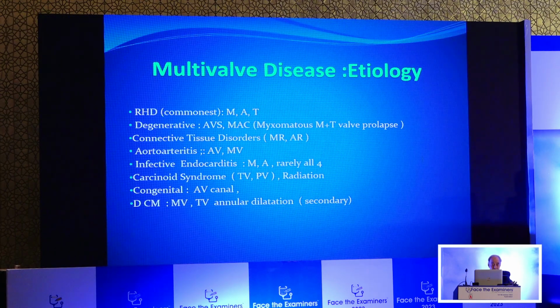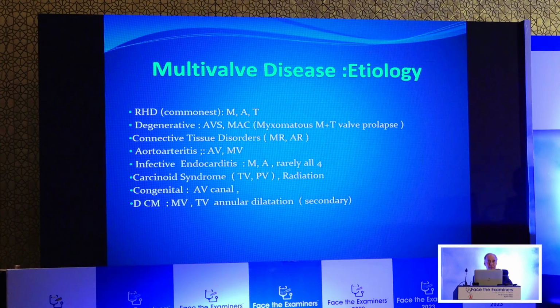So from the point of view of the exams, the commonest etiology of multivalvular disease will be rheumatic, not to forget the degenerative cases, and some cases of aortoarteritis or connective tissue disorder can come in.